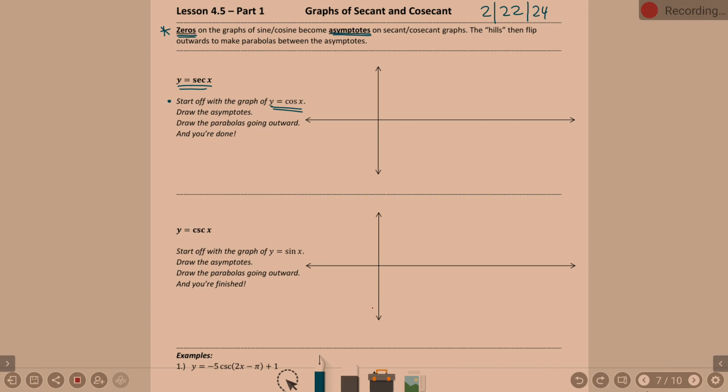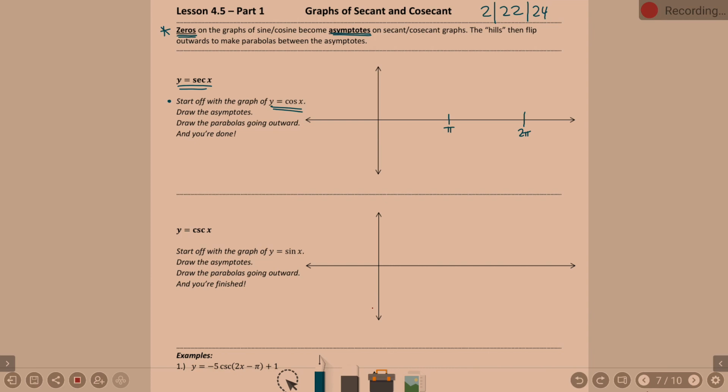Basic cosine has a period of 0 to 2 pi, right? So we're going to graph 2 pi. I'll leave a little space there in case I go a little bit farther. Now, what's the middle of 0 and 2 pi? 1 pi.